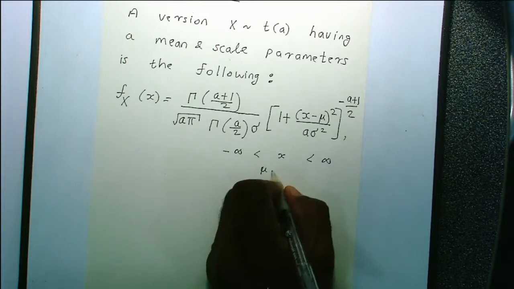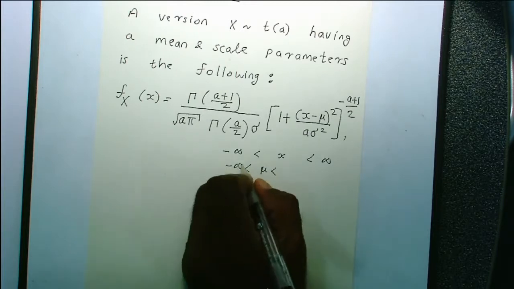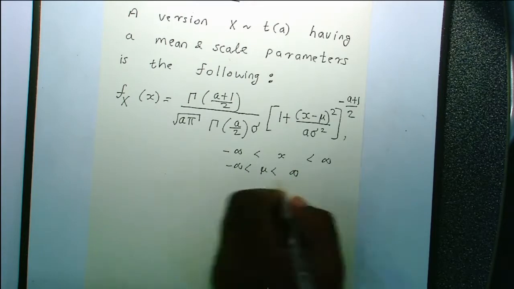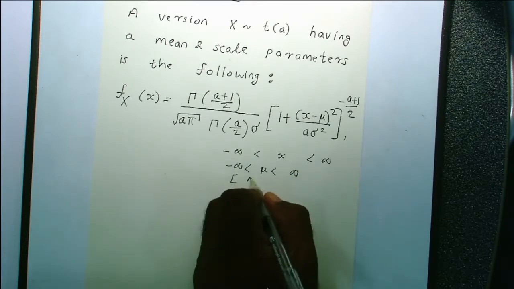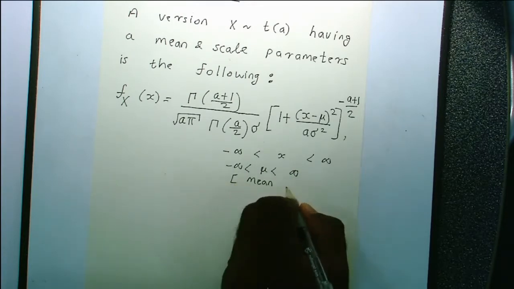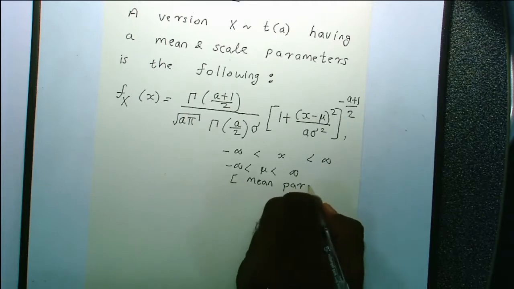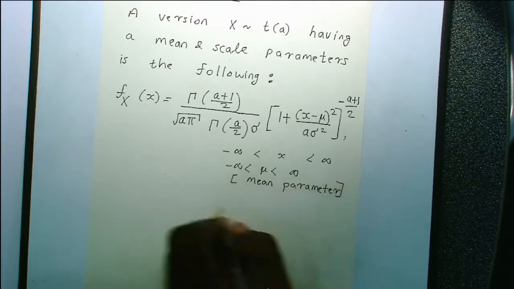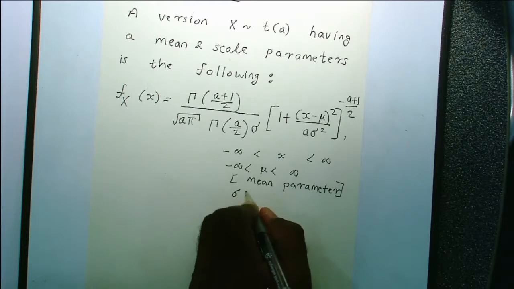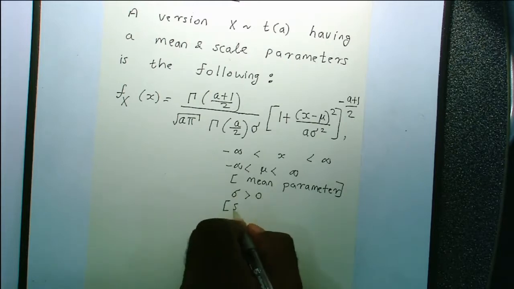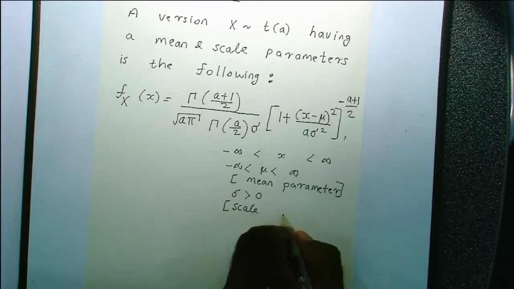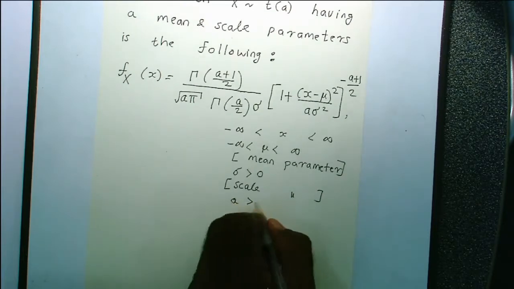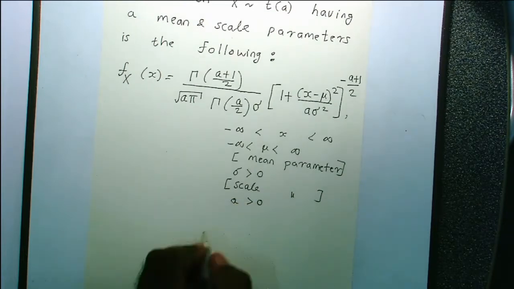Mu is the mean parameter, it's the mean, and sigma is a scale parameter, and A is, as before, the degree of freedom.